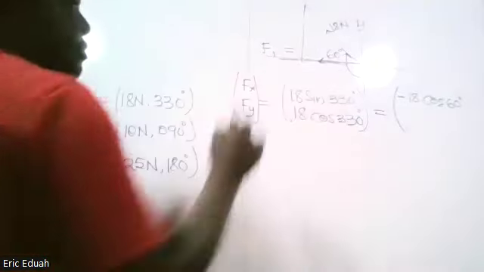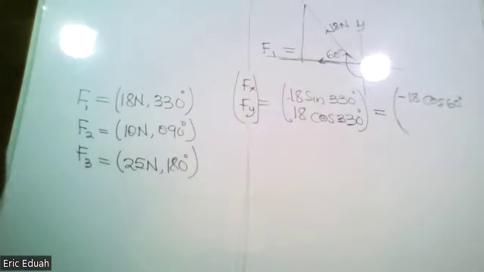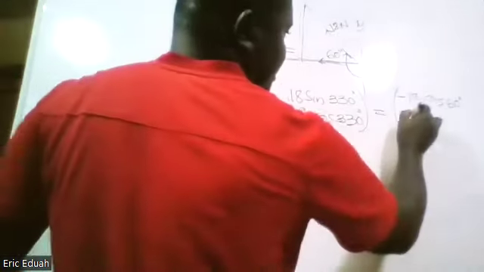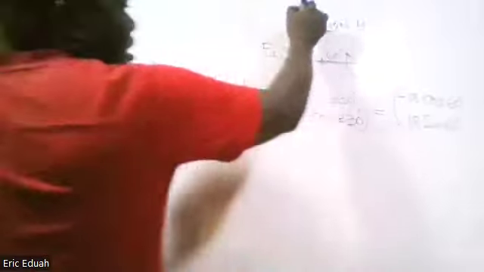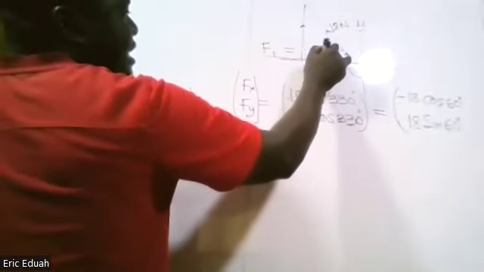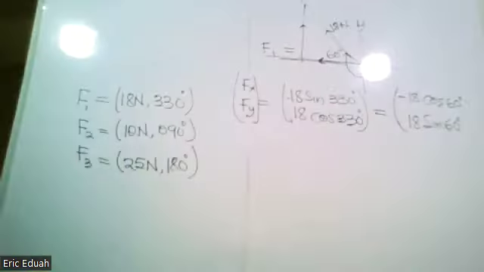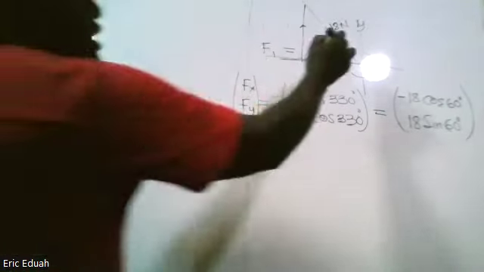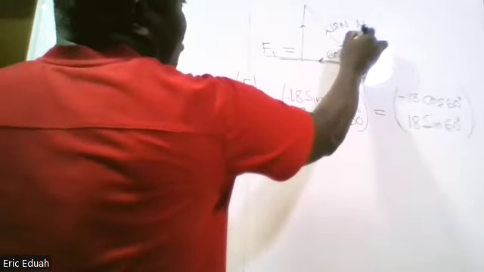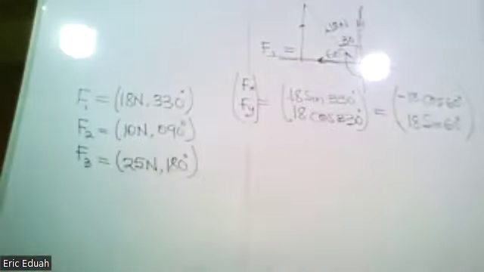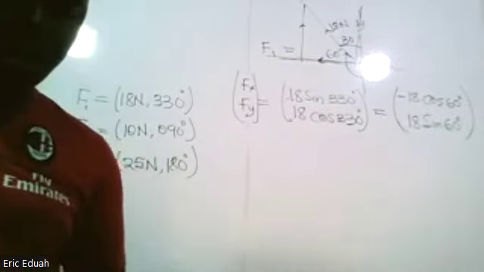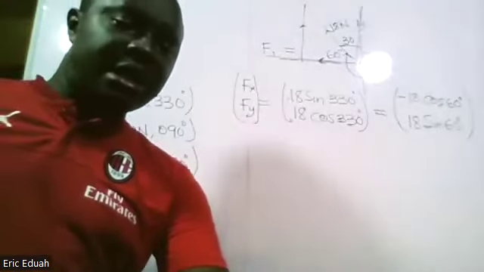Then the vertical would also be 18 sine 60, and the vertical falls within the positive y-axis, and so that is positive. Another way to do the same thing is also to use the angle it makes with the y, 30. So there are lots of ways to go around this thing.